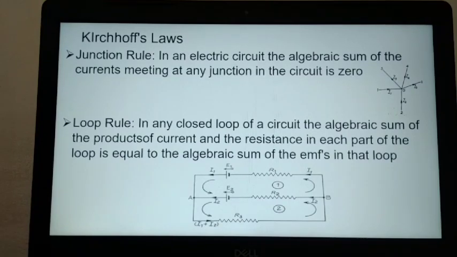Okay, when you consider the second loop, you can find R2 and R3 are there, and only one cell is connected with the EMF E2.